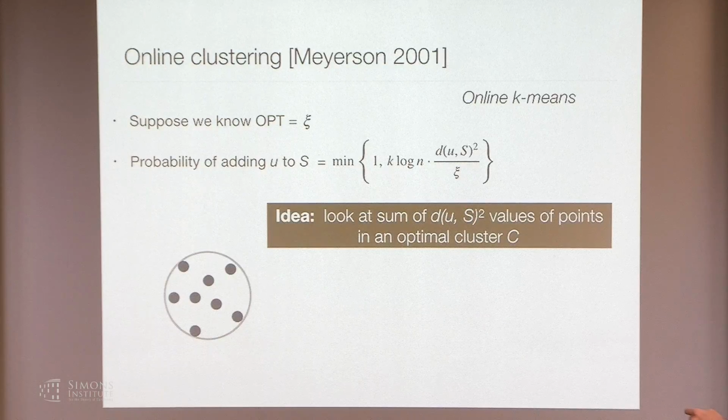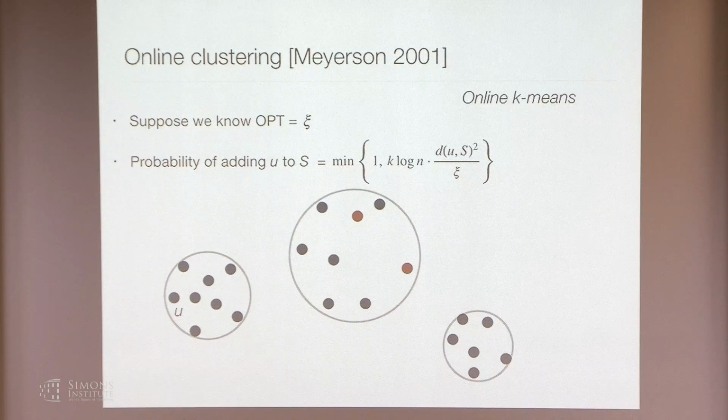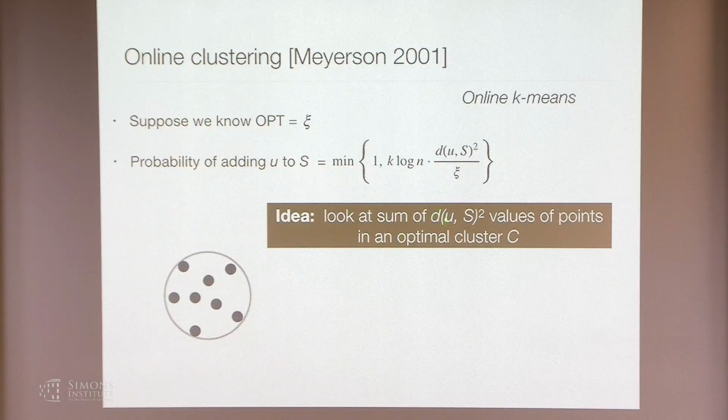Okay. So for the cost, the idea to analyze this algorithm is suppose you look at one of the optimal clusters. This is one of the optimal clusters that we started with, and these points showed up at some point of time in the algorithm. And we see what the values of these d_u squared are that we saw in this process. Okay.